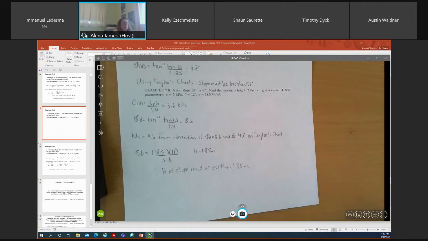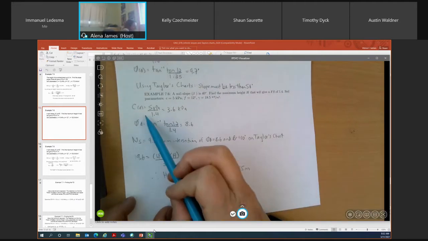In this example problem, we're provided with our cohesion value, our angle of internal friction, which is 12 degrees, and our bulk unit weight, which is 18.5. The information that we're not provided is h, and that's what we're going to back calculate using the Taylor's chart.